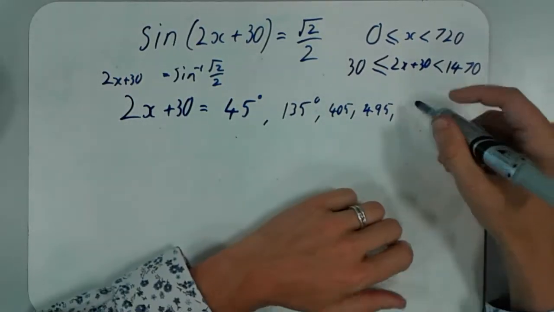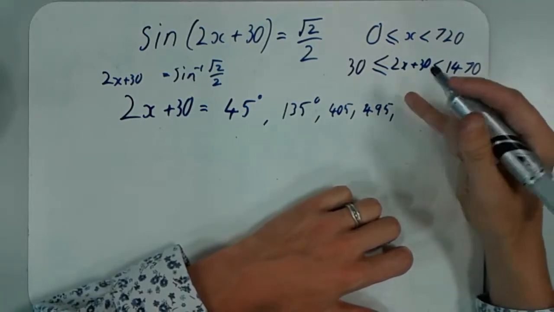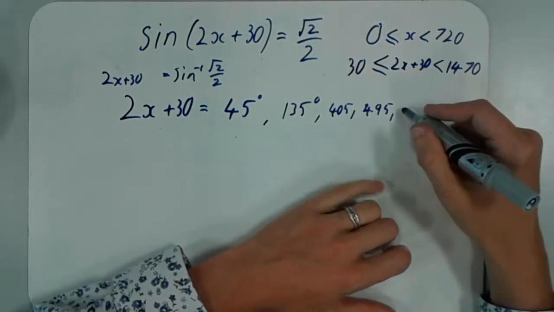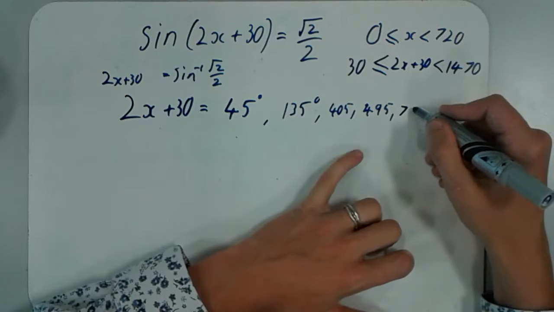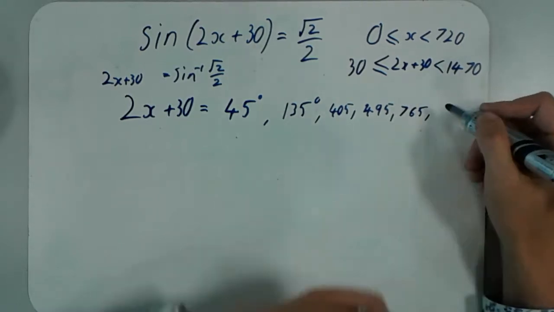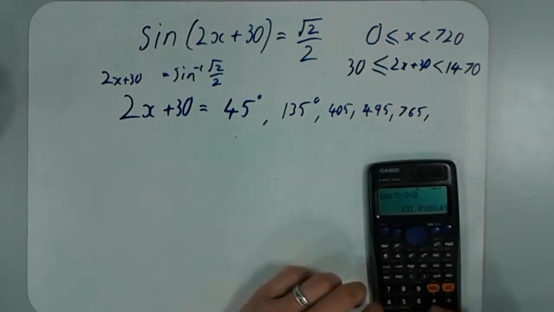So I need to take both of these and then keep adding 360s until I'm done. So that's going to give us 765. Keep going.